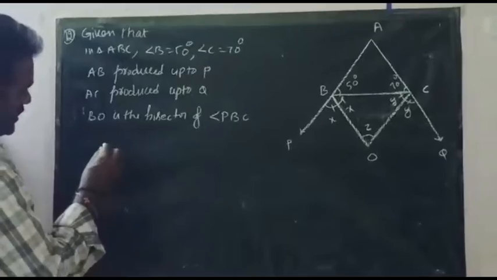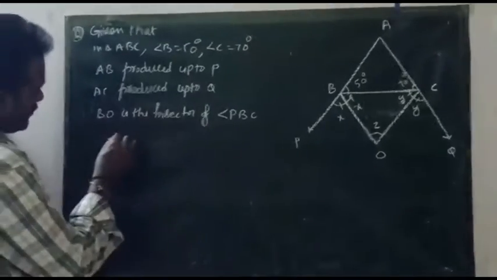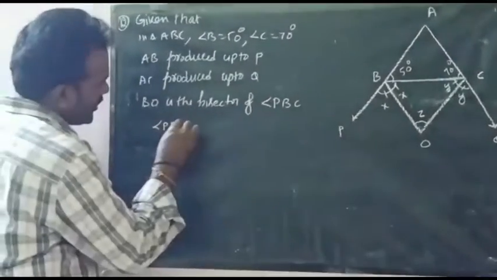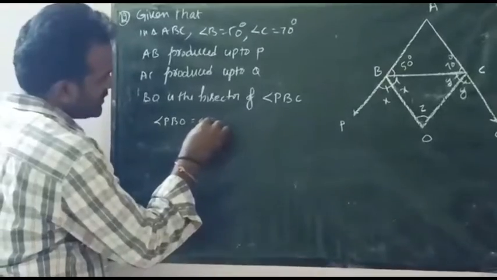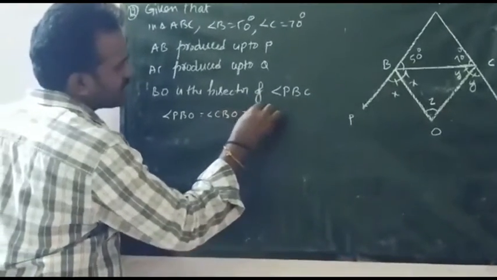So here angle PBO is equal to angle CBO is equal to X degrees.